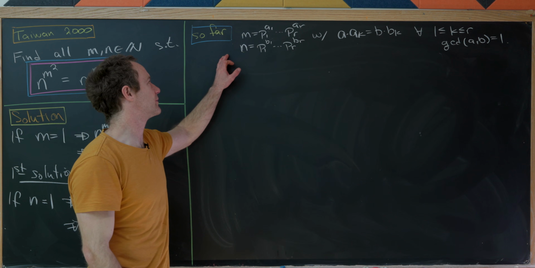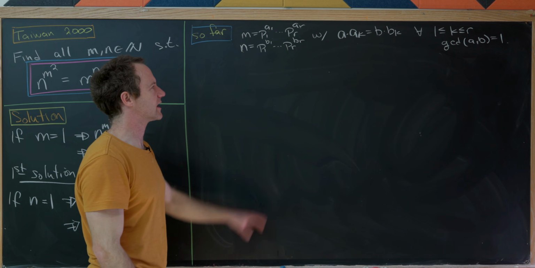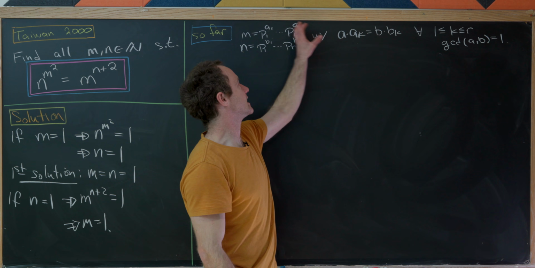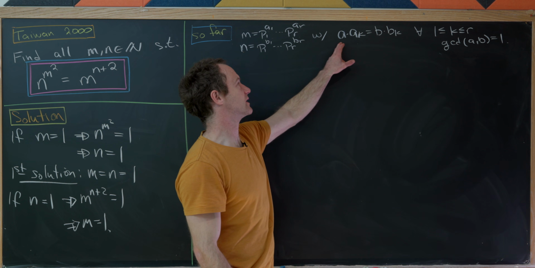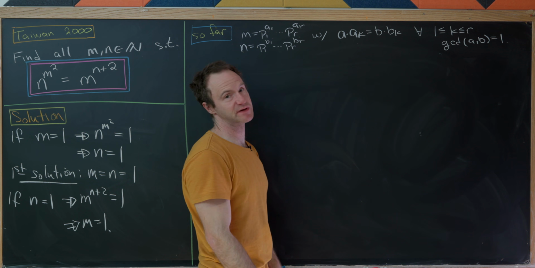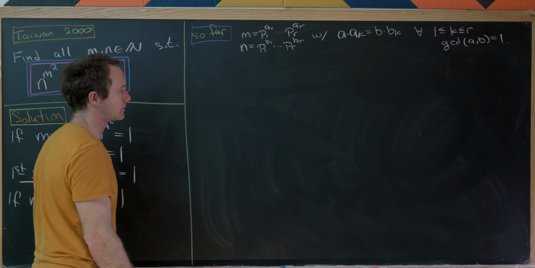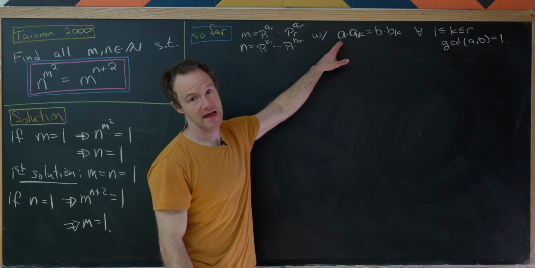So this is where we ended up at the end of the last board. We had m and n having the same prime factors, and they factored as follows. Then we were able to write an association of these exponents with a times ak equals b times bk, and the GCD of a and b was 1. Oh, but let's notice that the left-hand side is a multiple of a.